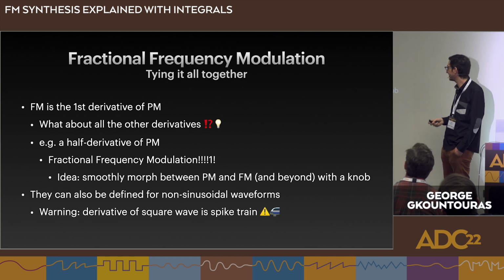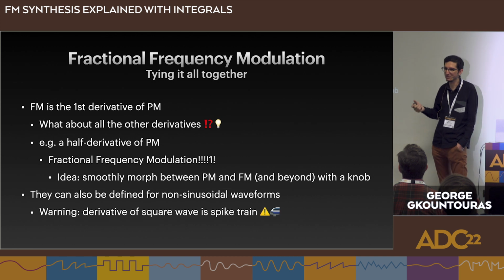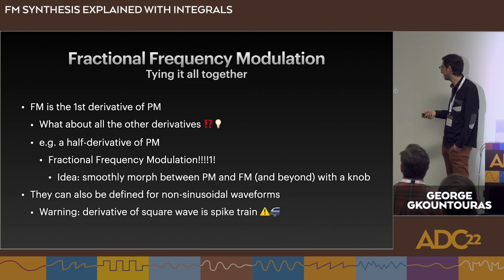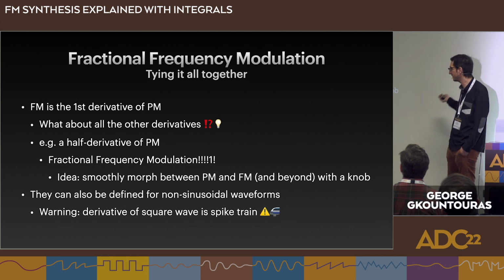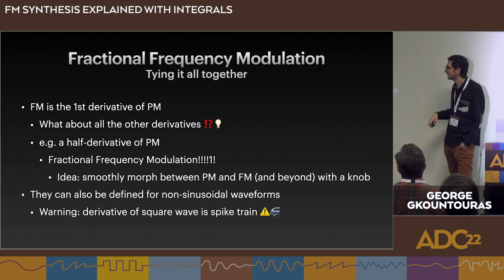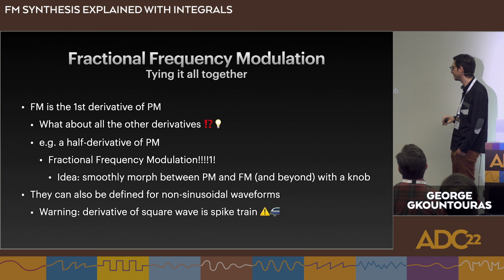It's an idea to smoothly morph between phase modulation and frequency modulation, or even beyond, with a knob. It can also be defined for non-sinusoidal waveforms, for integrals. And yeah, there are some limitations that you have to consider, but in general, you can do it.